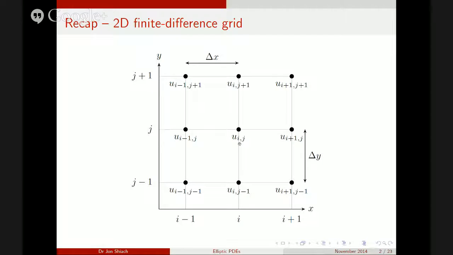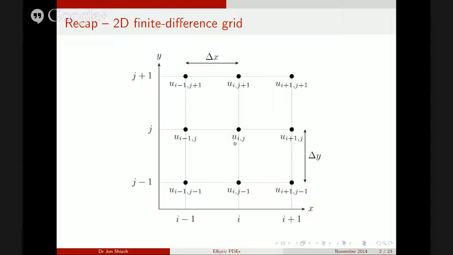This is a bugbear of mine. This is something that always annoyed me. Matrix indexing uses row then column. Finite difference indexing uses column then row. So you've got to remember to flip them around. Instead of the first number denoting what row you're on, the first number denotes the column.